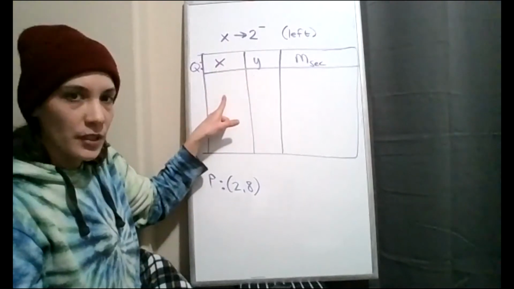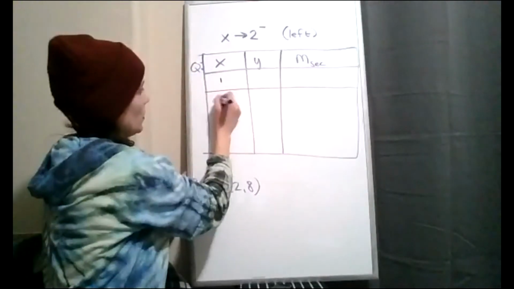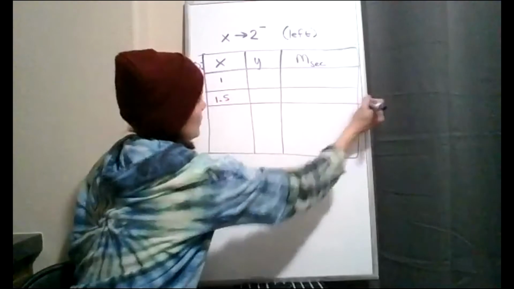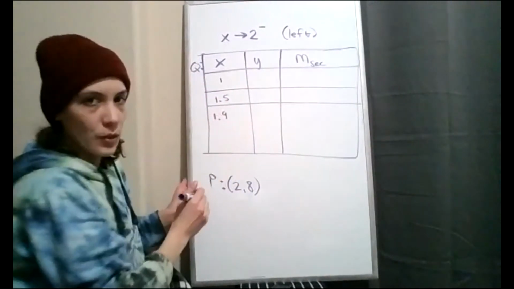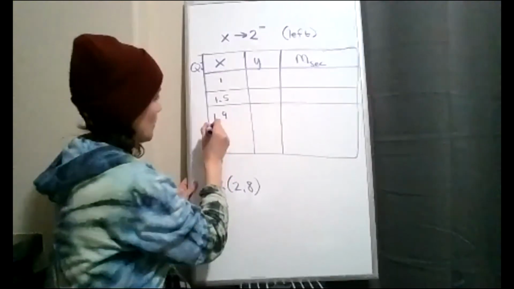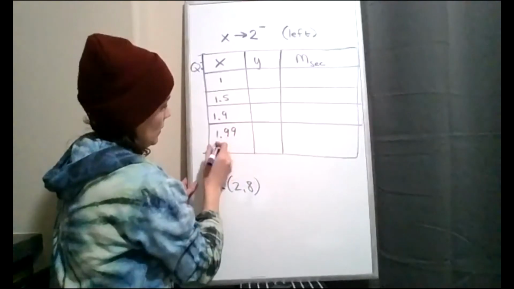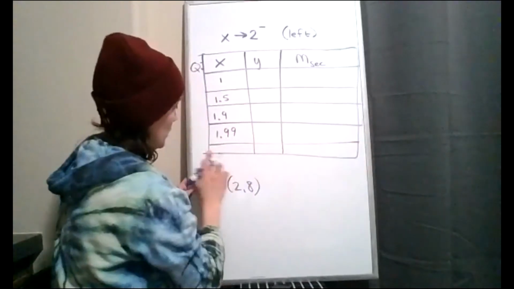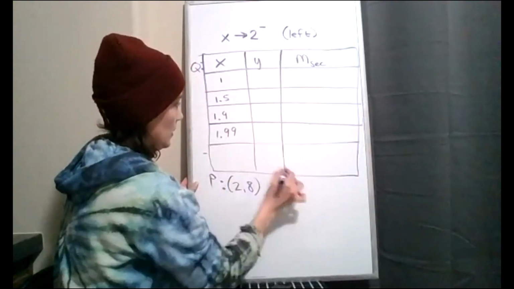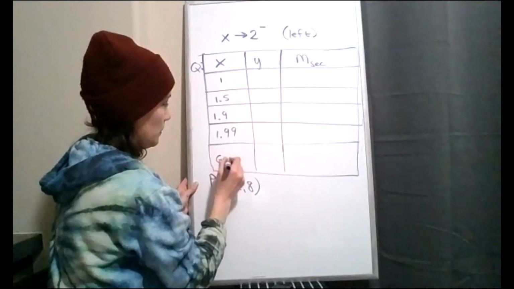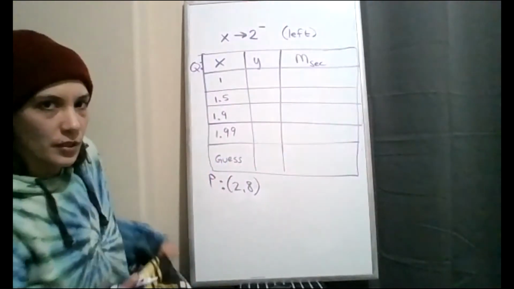Then the x value gets closer to 2, so we'll put in 1, 1.5, 1.9, 1.99. Actually, I do want to make a space for this part too. And we'll make a guess, just pick a number that we think is very, very close to 2.